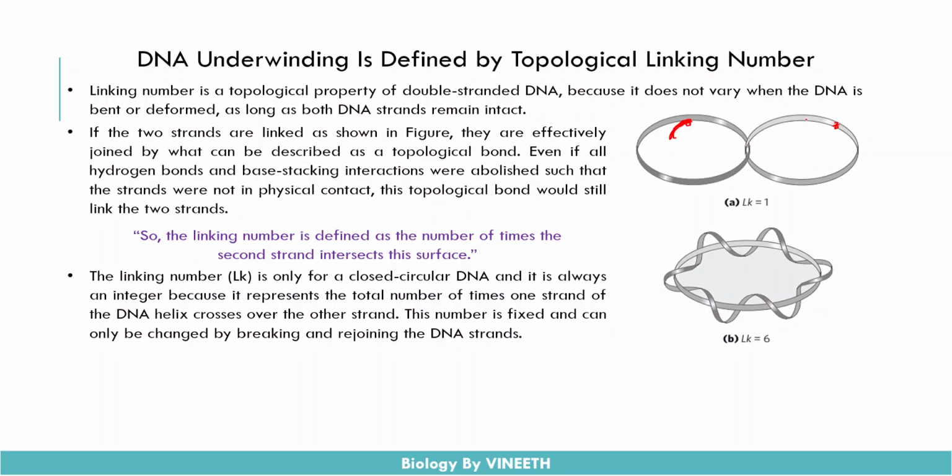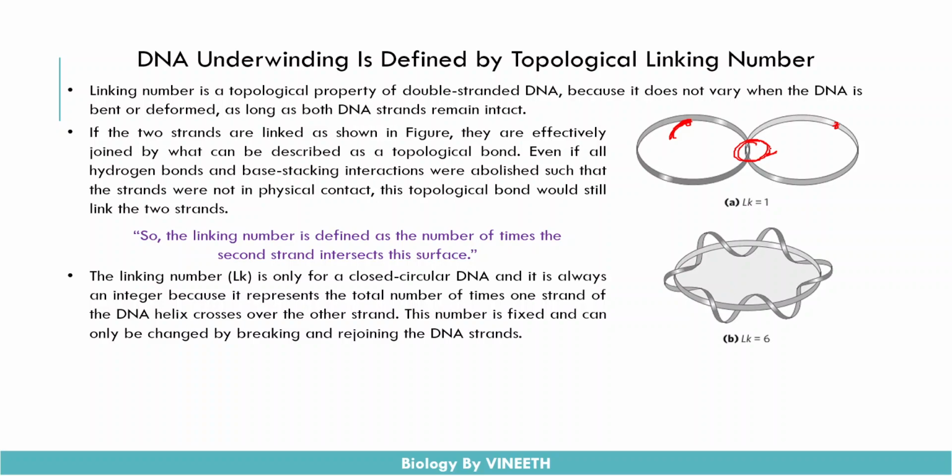Whenever both DNA strands link, they develop a certain type of topological bond, which is entirely different from base stacking interactions and hydrogen bonding. This newly developed bond, mainly due to the interaction of two separate DNA strands, enhances the stability of the DNA.